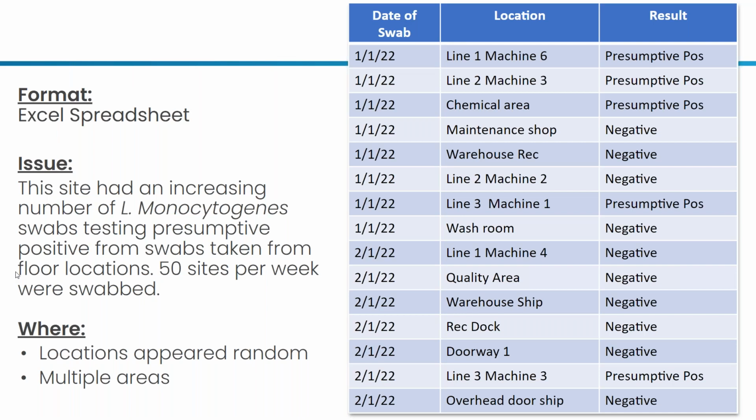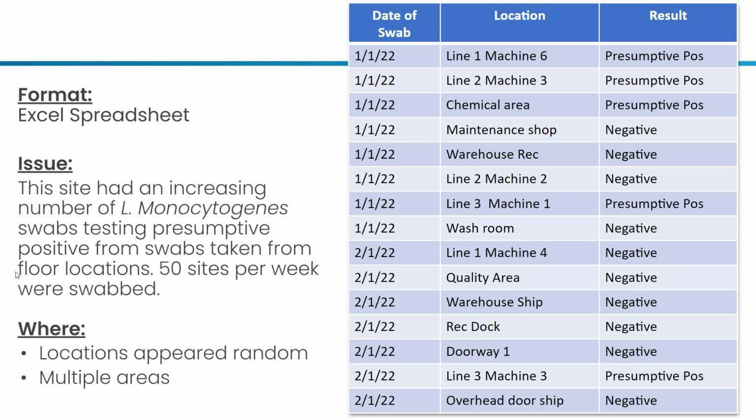So I told you I love Excel. Here's a spreadsheet of our environmental monitoring program. We would occasionally get a presumptive positive in one of the 50 swabs that we took each week for Listeria monocytogenes.